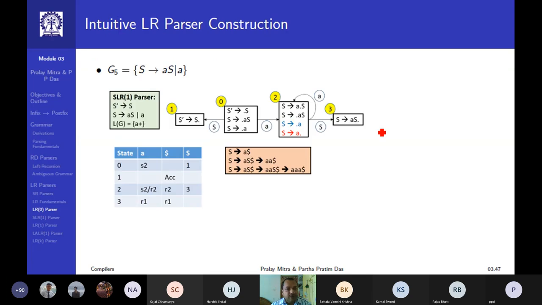Now, we demonstrated nicely how to construct the parsing table.